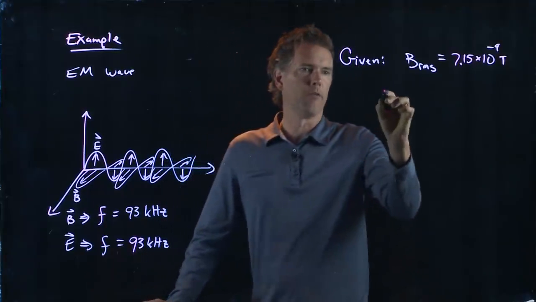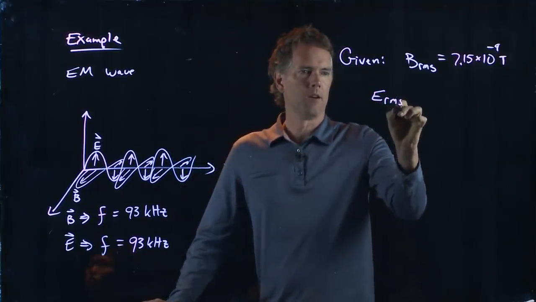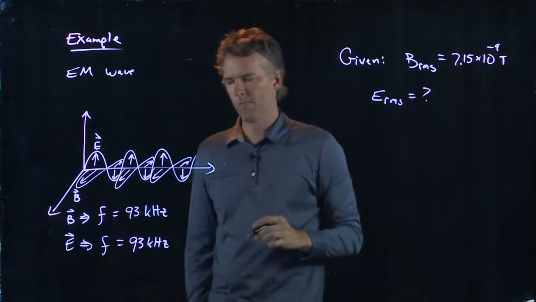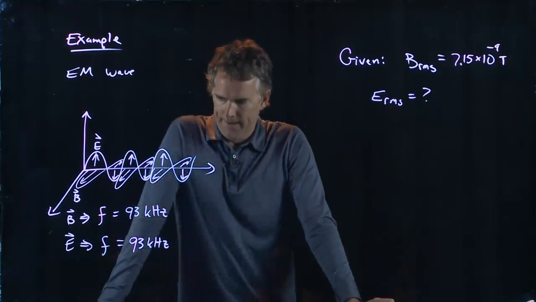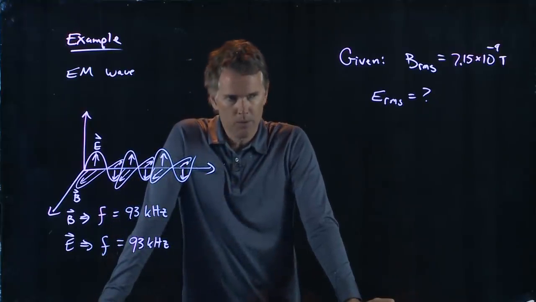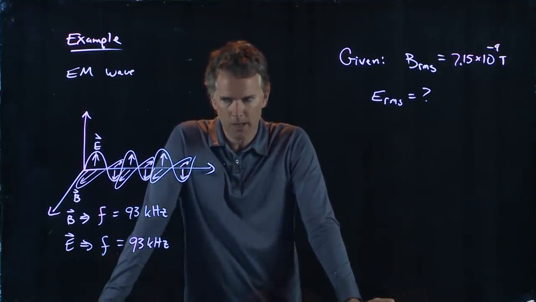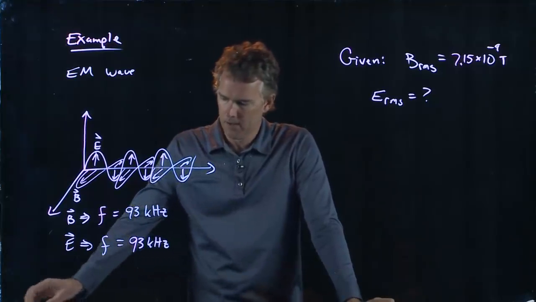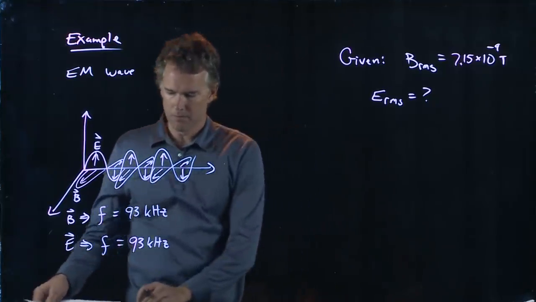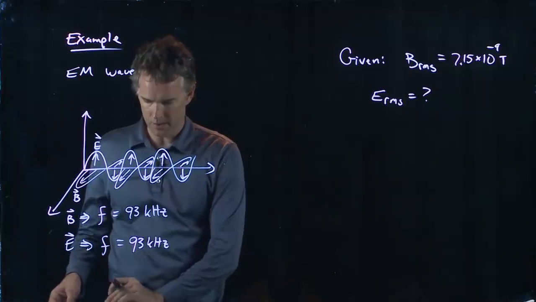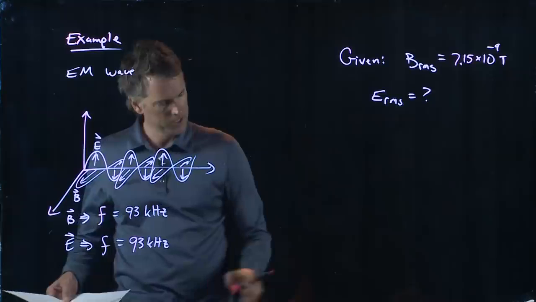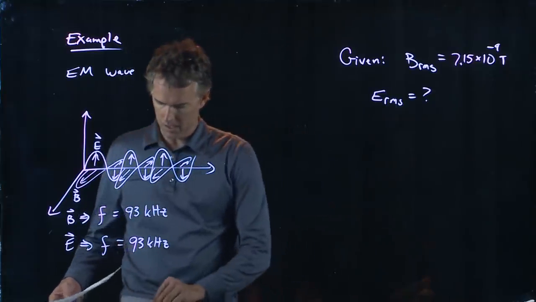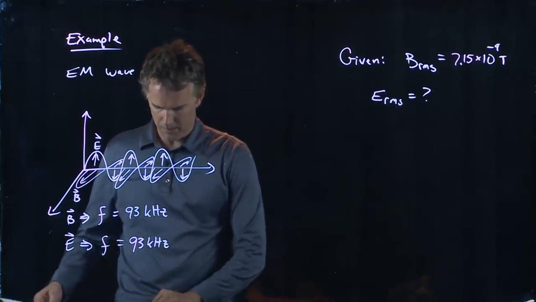And so now we're looking for E RMS. Well, we're not really sure how E relates to B yet. But if we push forward a little bit in the discussion, there is a very nice and simple relationship between E and B. And let me pull it up here.